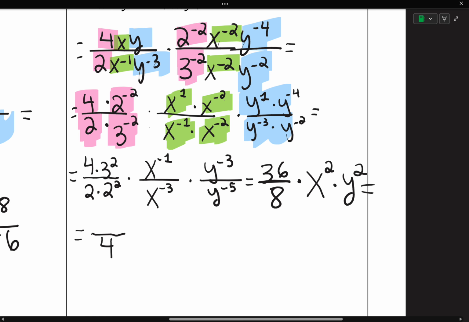Hold on. And yes, and an 8. Wait, hold on. I'm having a brain fart moment. You divide both by 4. Yeah, duh. And you get 2 on the bottom and 9 on top.